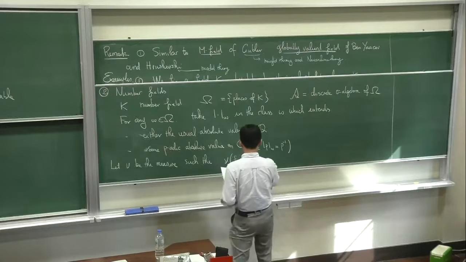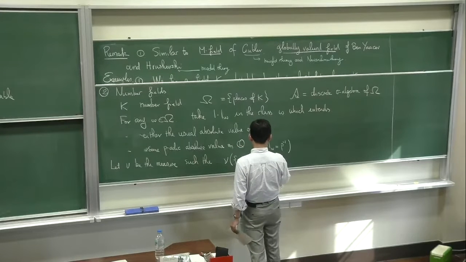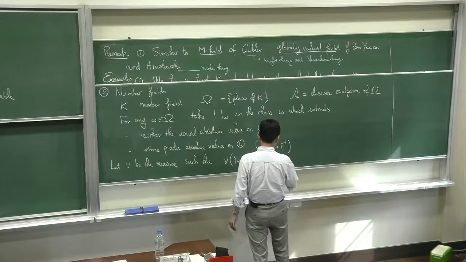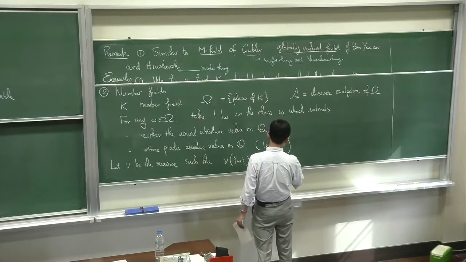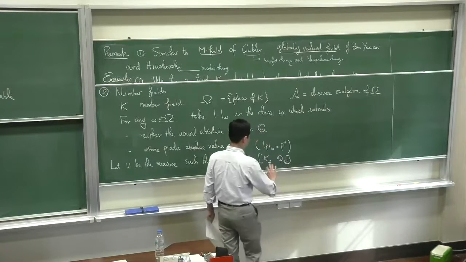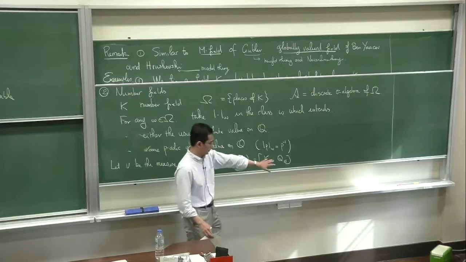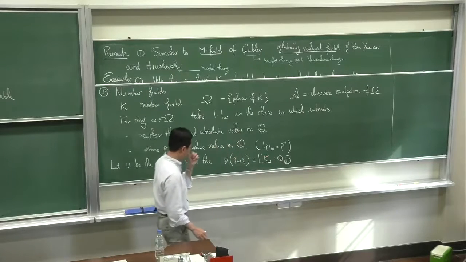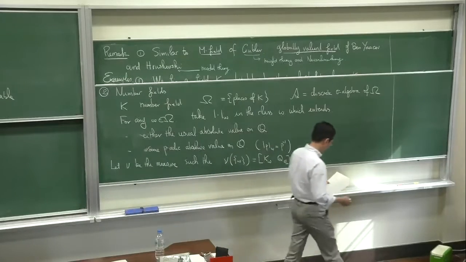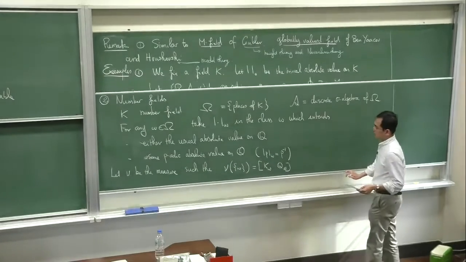So I suppose that nu of omega is the dimension of the completion of K with respect to omega over the completion of Q. So I complete K and Q with respect to the same absolute value, and I compare their size.